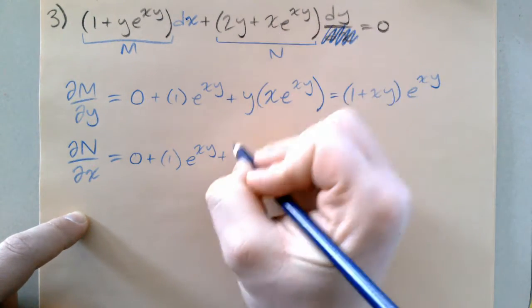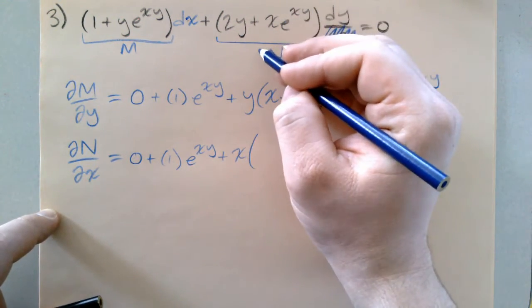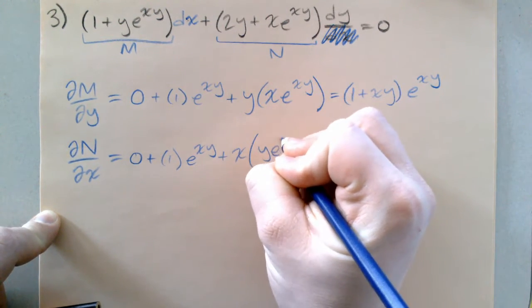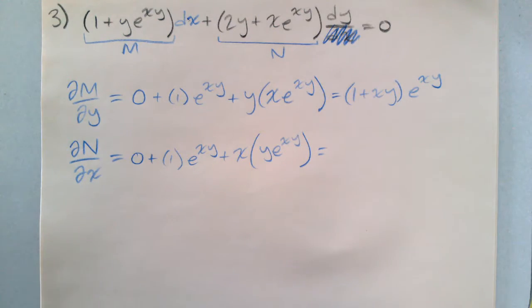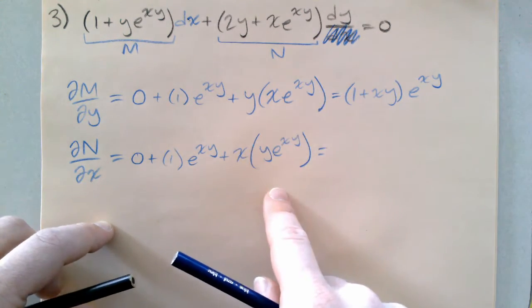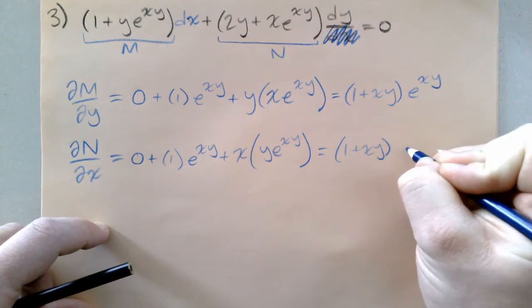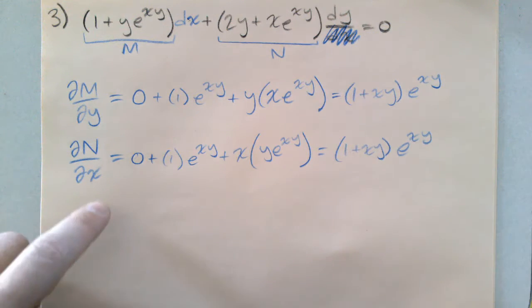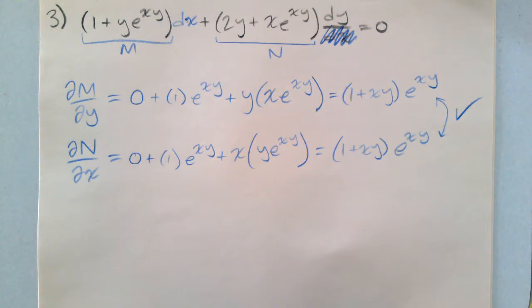So going on, we can leave the first term alone, and then pull that y down, because now it's a constant. So we have y e to the xy. So once again, we can simplify, and we can basically see it's reversed this time. But we can still write it out as 1 plus xy times e to the xy. And right here, we once again have proven these are the same, so it is an exact equation.